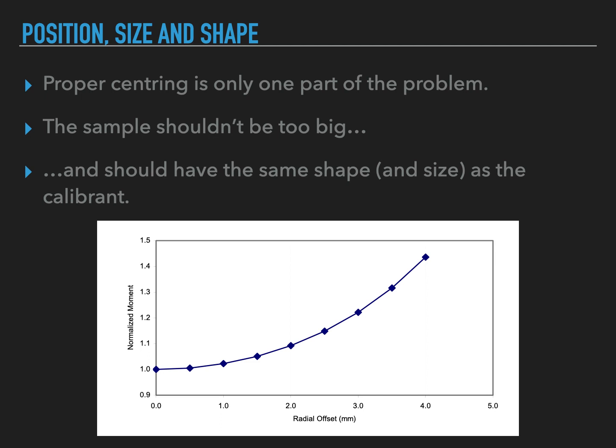In the graph, you see how the measured magnetic moment changes if you misplace the sample with respect to the proper positioning across a radial coordinate in a solenoid, usually the solenoid of a SQUID magnetometer. As you can see, the relative variation can be extremely large.